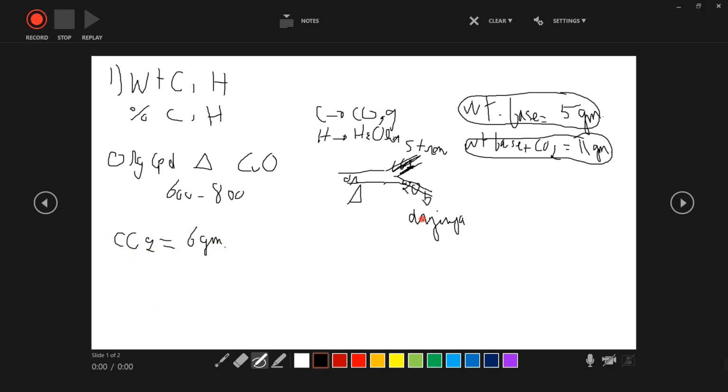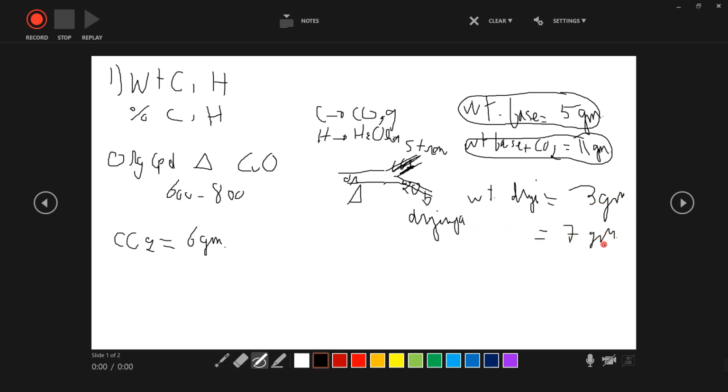The same thing I will do with the water. If the weight of the drying agent before doing this process, before the water comes here, was, for example, 3 grams. Okay. And after this, the weight of the drying agent together with water, let's say was 7 grams.